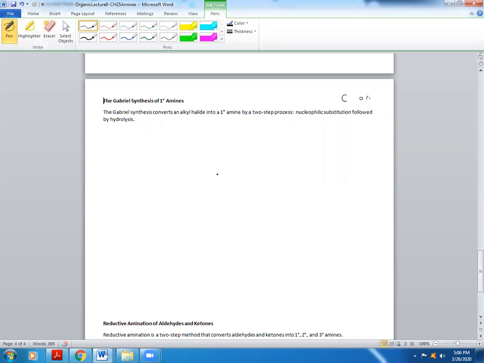So the Gabriel synthesis of amines is needed because you need to avoid polyalkylation. Amines are very strong nucleophiles, so they can keep alkylating, adding more than one alkyl group.